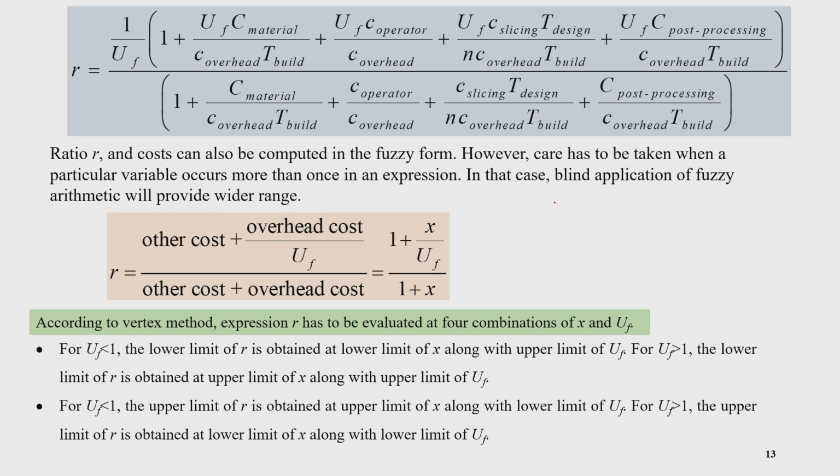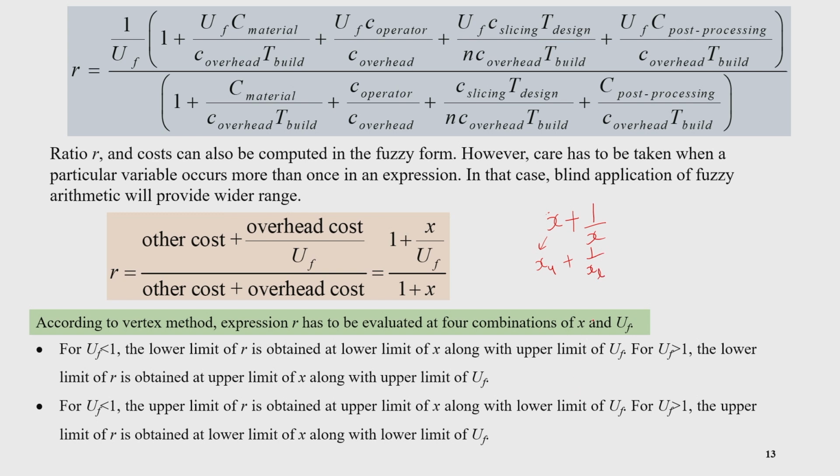Now, in fuzzy arithmetic, if something occurs two times, suppose we have x plus 1 by x, you cannot do it blindly. Suppose for some computation x is high, so you say the upper limit of x is xu, and here you want to be very stringent and take the lower limit of x.